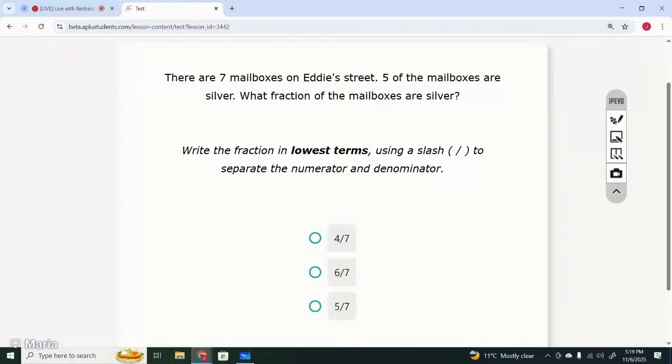What fraction of the mailboxes are silver? That is 5 out of 7. Option number 3 is the correct option.